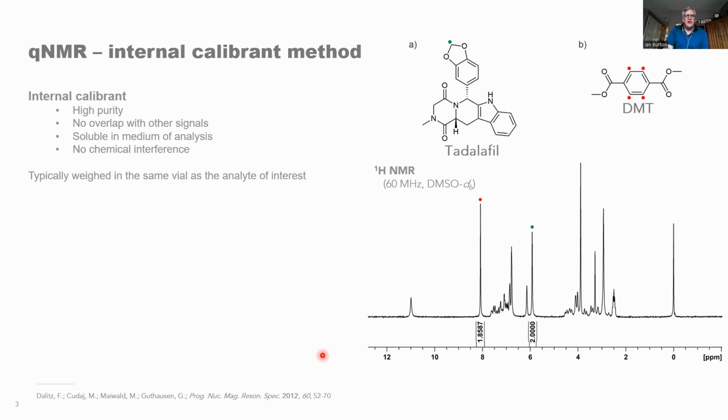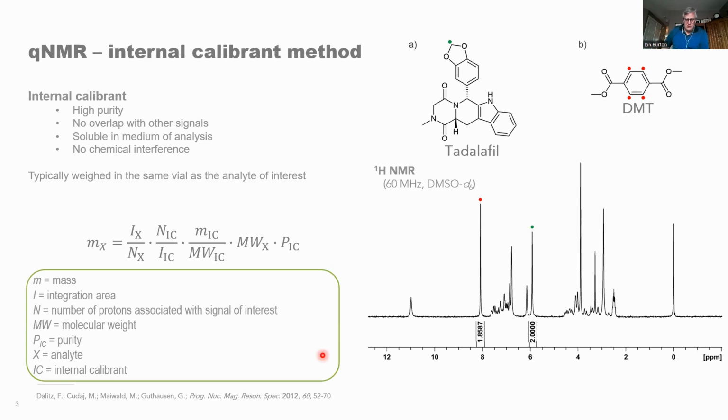In general, you can then come up with a formula if you want to know the mass that you have in there, knowing the formula weight and the purity. Knowing the purity of the internal standard is important, and you can very easily come up with a molar or a mass amount. One advantage that NMR has over other techniques is that it has a uniform molar response.